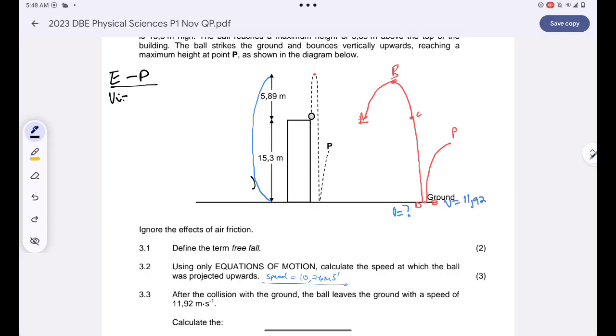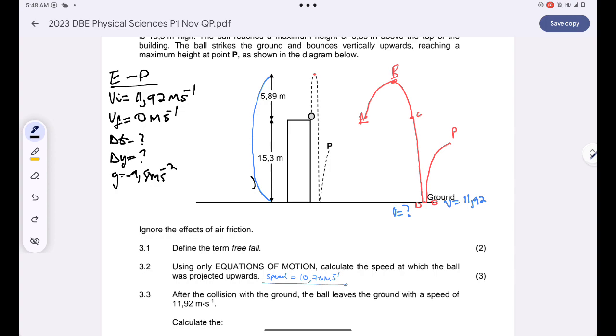I do know my initial velocity is positive 11.92 meters per second, and my final velocity at point P will be 0 meters per second. Why? Because point P is the maximum height, right? And then I don't know the time it takes. It's what I'm looking for. I also don't know the displacement, but I know that gravity is always negative 9.8 meters per second squared.